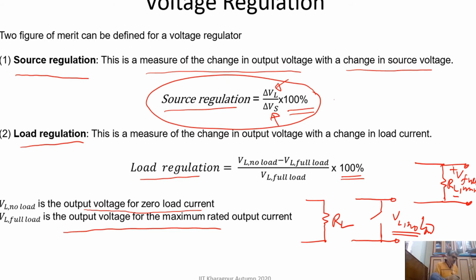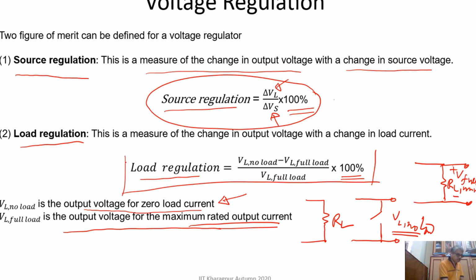So VL full load is the output voltage for maximum rated output current, that is, when the load resistance is minimum. And when the load current is zero, that voltage is basically VL no load. So this is the definition of load regulation.